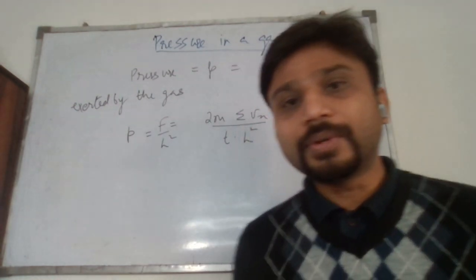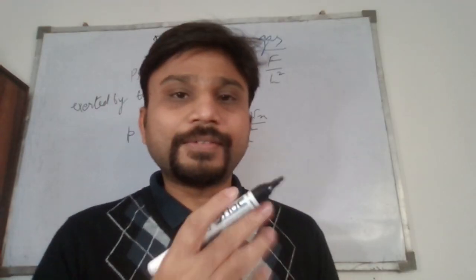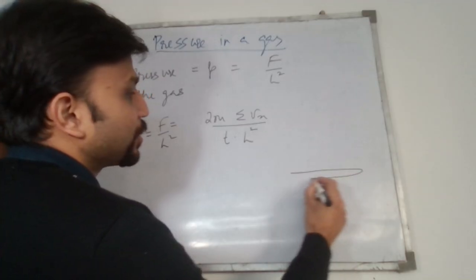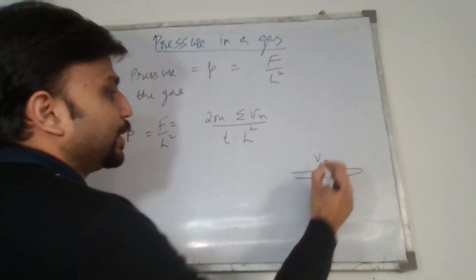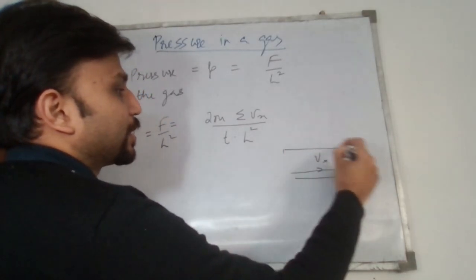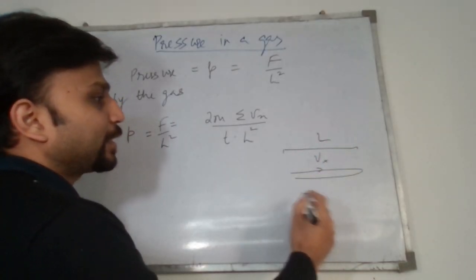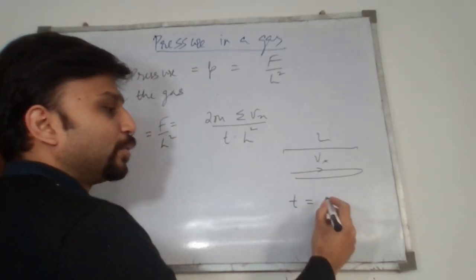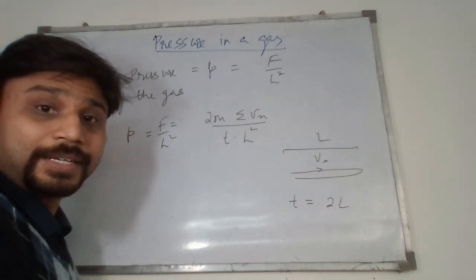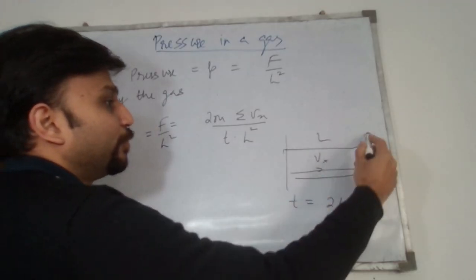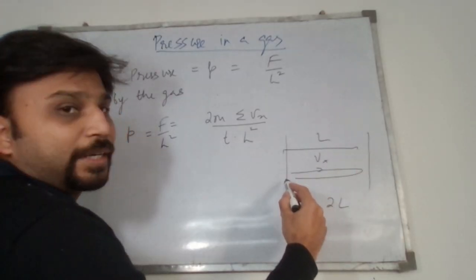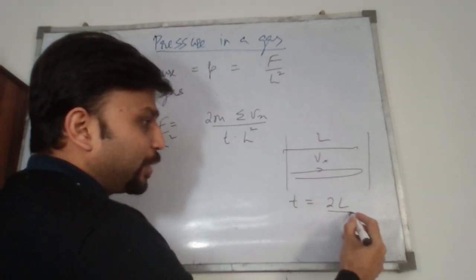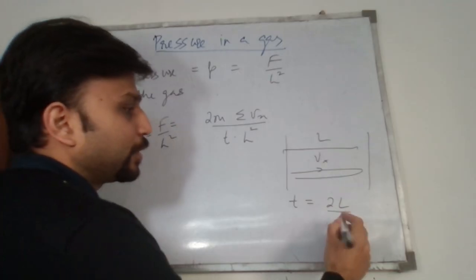Now, in what time would the particle have traveled that particular distance? The particle is traveling with this Vx speed, and it is traveling this distance L. So the total time taken T would be equal to 2L upon Vx. That is the time taken by the particle in going from one side of the container to the other side, colliding and coming back: distance upon the speed.